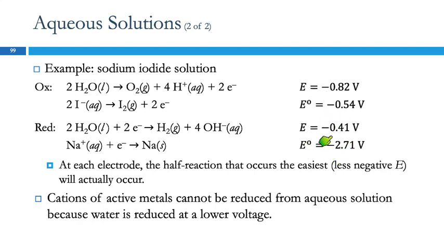Between these two, the water is going to be reduced rather than the sodium. So you can't get sodium from sodium chloride in an aqueous solution because the water will get reduced before the sodium is.